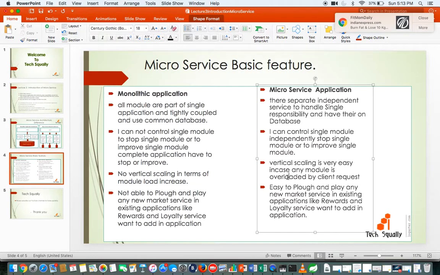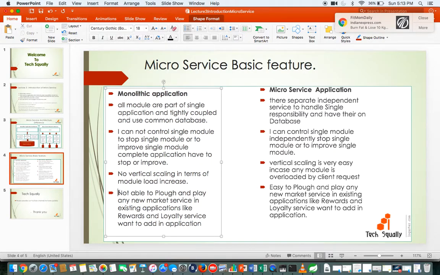But in microservice based architecture, order management itself is a single service. If the load increases on order management, we can start another instance for order management. This is called vertical scaling. So vertical scaling is very easy in microservice based architecture.